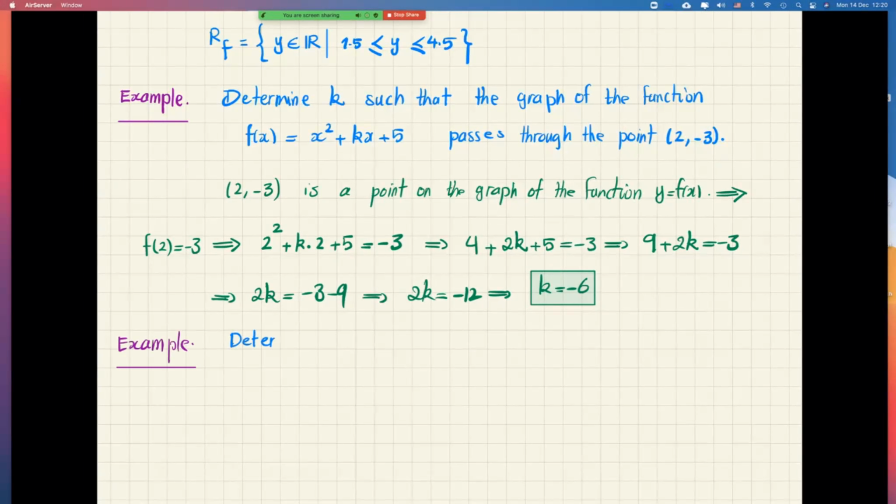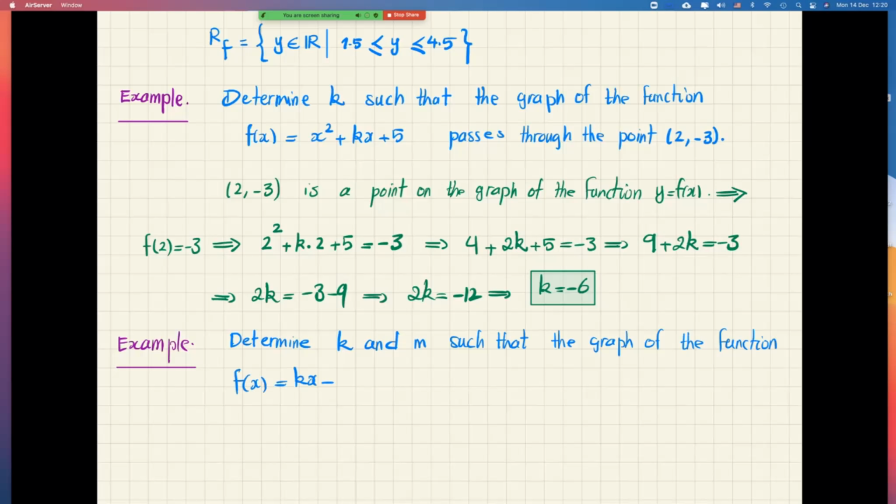Determine k and m such that the graph of the function f of x equals kx plus m passes through the points, for example, let me call it A, minus 2 and 1, and B, 1 and 3.